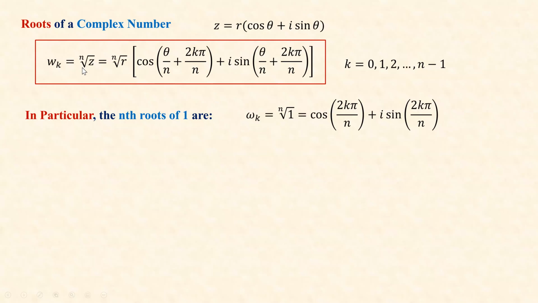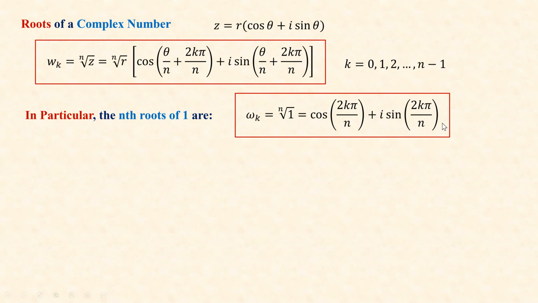Because r for 1 is 1, so the nth root of 1 is just 1, and theta is 0, so theta over n becomes 0. So we only have cosine of 2k pi over n and sine of 2k pi over n, right? And all of these are on a circle of radius 1. So these are the nth roots of 1, where k goes from 0 to n minus 1.